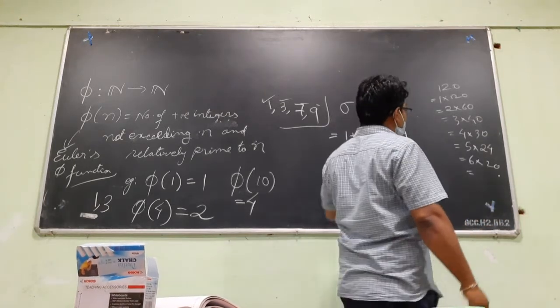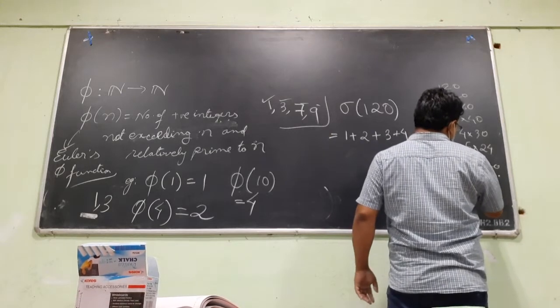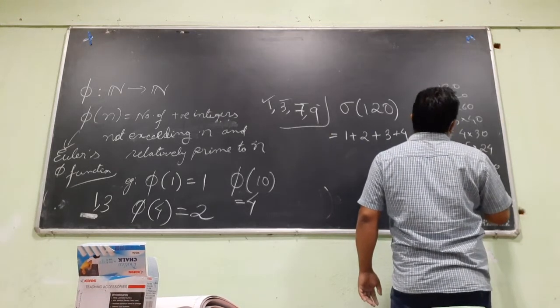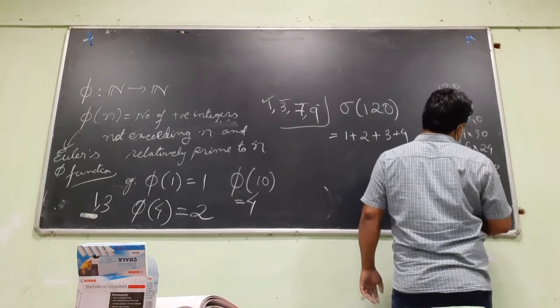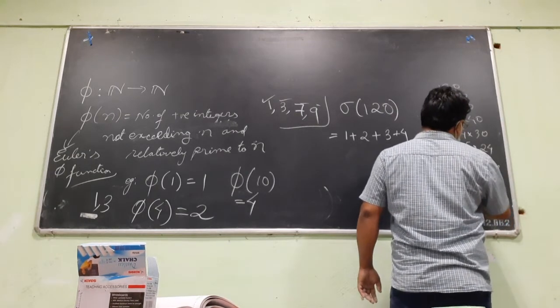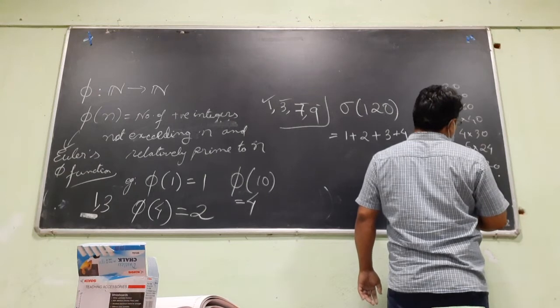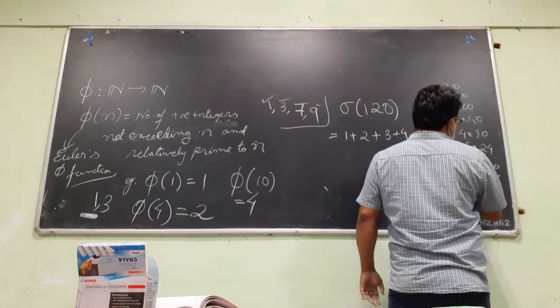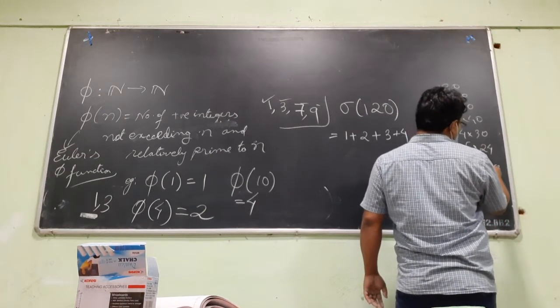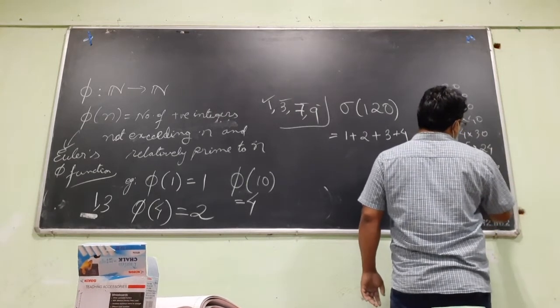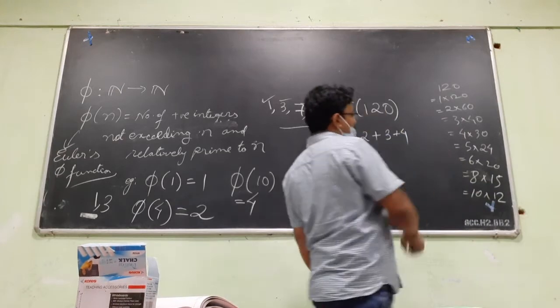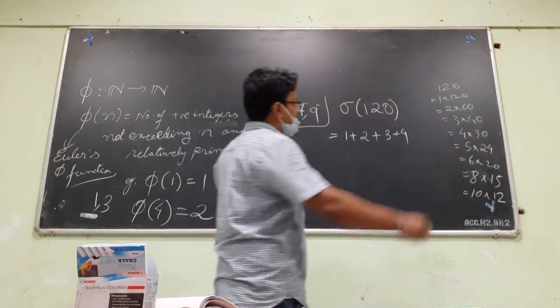Yes, 8 into 15. And then 10 into 12, and then it will repeat. So these are the divisors.